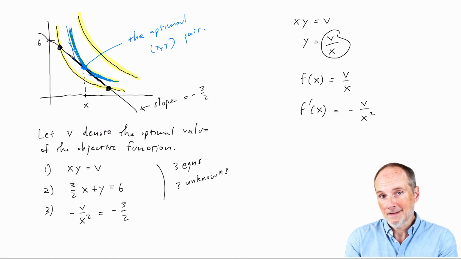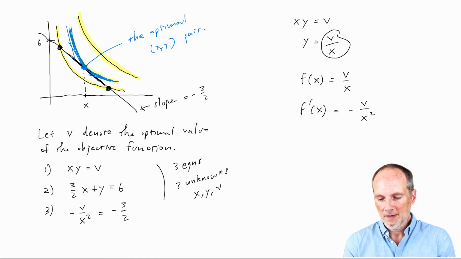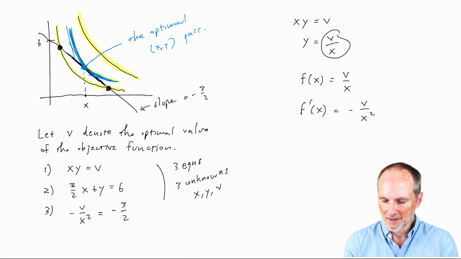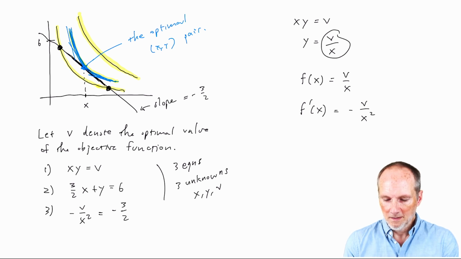I've actually added an extra unknown here, so it's x, y, and then this optimal value v, but I'm going to eliminate that in the first step of solving for this. So let's just do that right now.